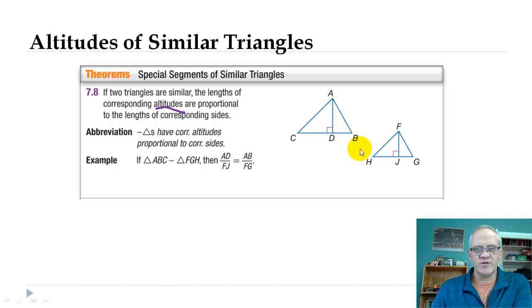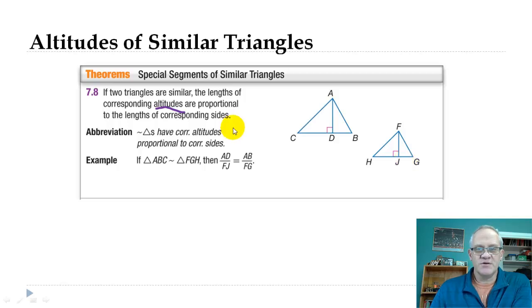So we know that all those angles, angle C, the whole entire angle A, the angle B, all match up with H, F, and G. And in similar triangles, the ratios of the sides are proportional. So AC over FH is the same as AB over FG, which is the same as CB over HG. We know all of that.